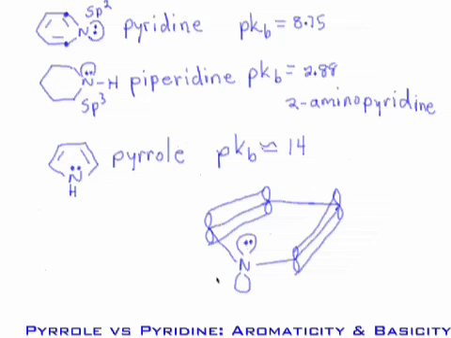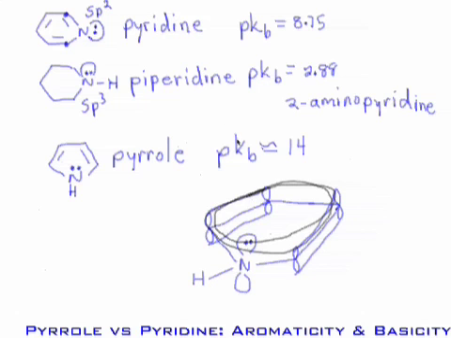If this nitrogen went sp², you could get side-to-side overlap between all these 2p's, where you get the 2 electrons from the one pi bond here, the 2 electrons from the one pi bond, and you'd get this entire ring, if you like, delocalizing all these electrons. Now, if this lone pair is delocalized into this aromatic ring, it is definitely not available for protonation. So the fact that the lone pair is aromatic in pyrrole explains this lower basicity.